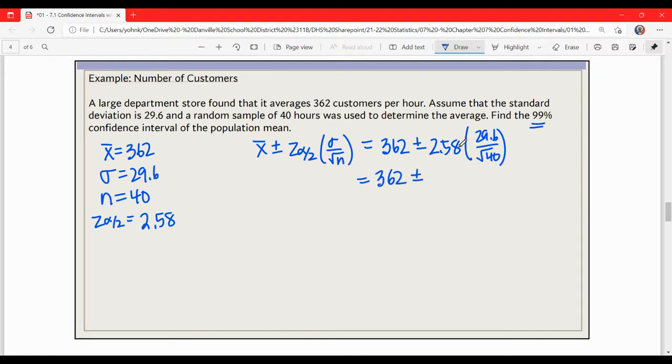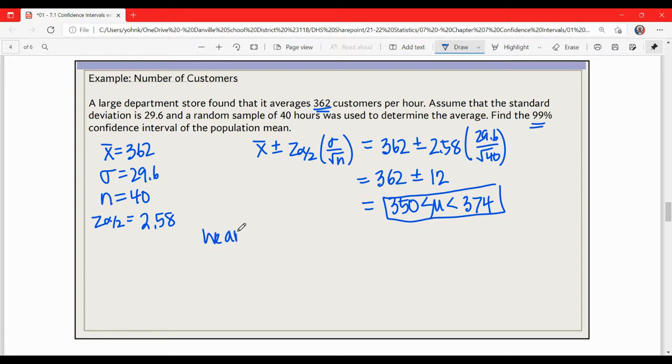Let's type in 2.58 times 29.6 over root 40. If I do this, I want to round to the same number of decimal places as the mean, which had no decimal places. So this is going to give me 12. So then my confidence interval is 362 minus 12, or 350, is less than the population mean, is less than 362 plus 12, which is 374.